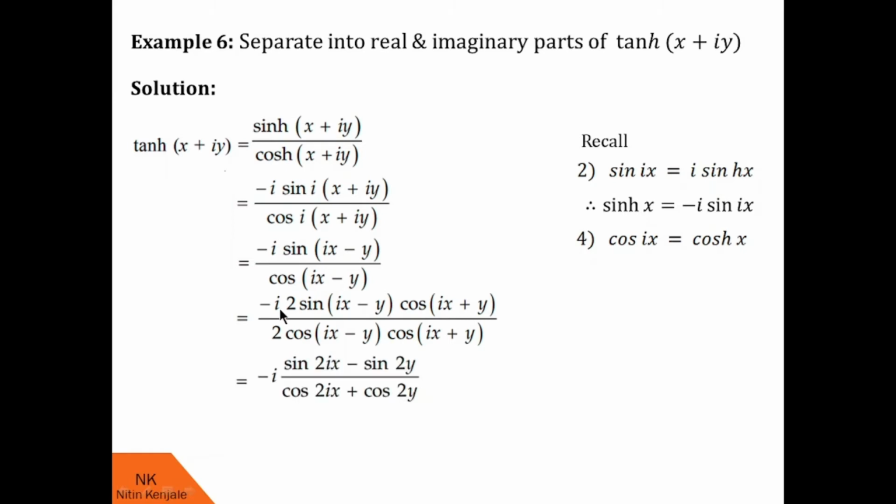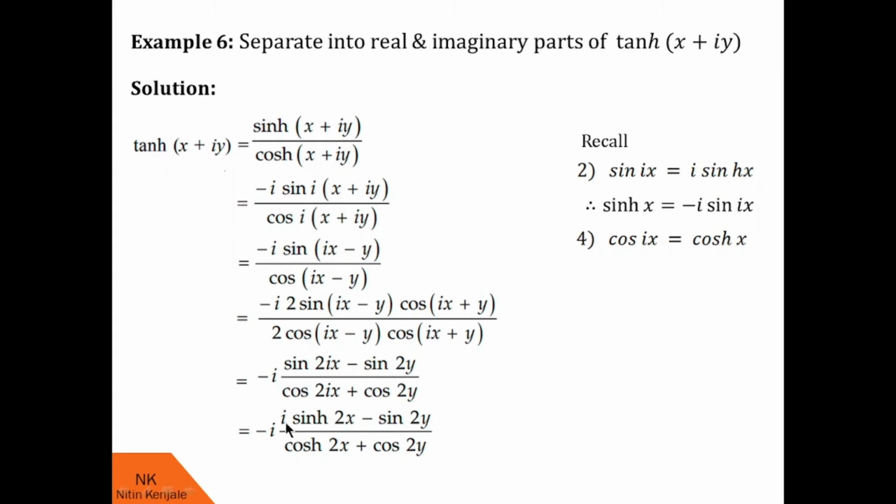So we get minus i as it is into sin of a plus b by 2 minus sin of a minus b by 2 upon cos of a plus b by 2 plus cos of a minus b by 2. Further simplification gives us minus i into this sin 2ix, which can be converted into hyperbolic sine using this identity.